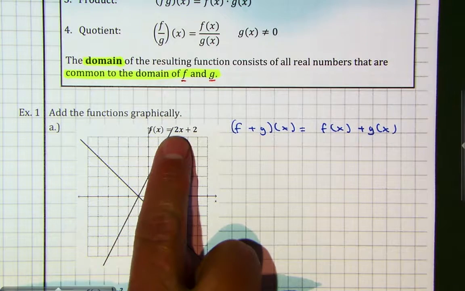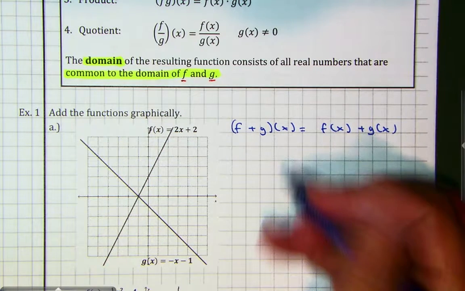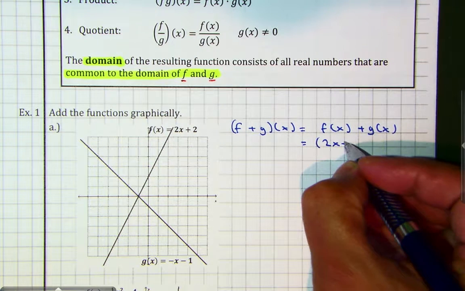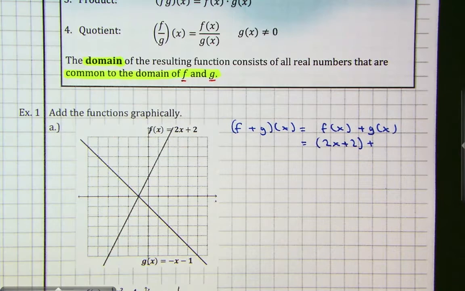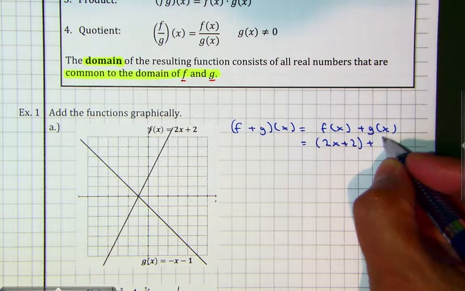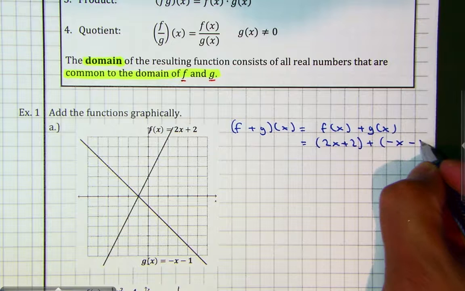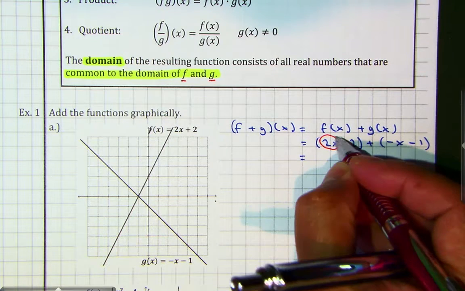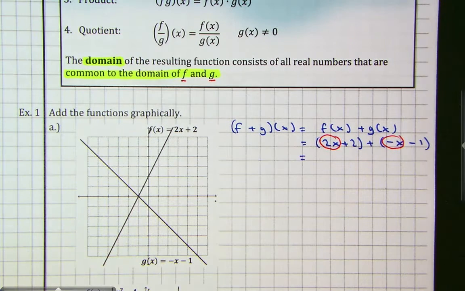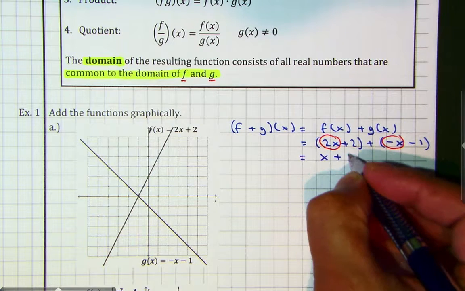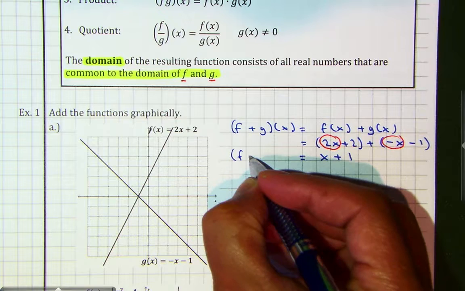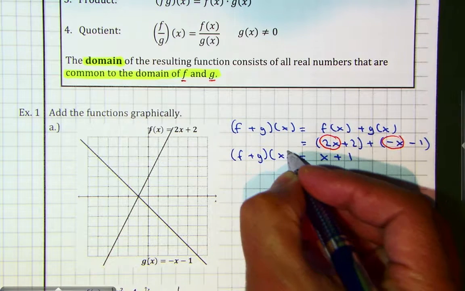In this case, they do give you both. So f of x is 2x plus 2 plus g of x, which is negative x minus 1. And now we can just add them, combining like terms. There's a plus in between, so that gives me x plus 1. And let me copy my notation, which is f plus g of x.